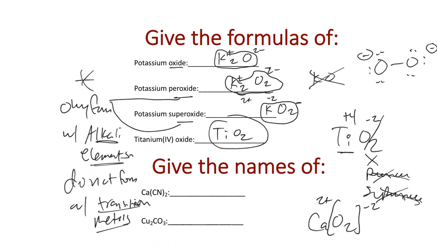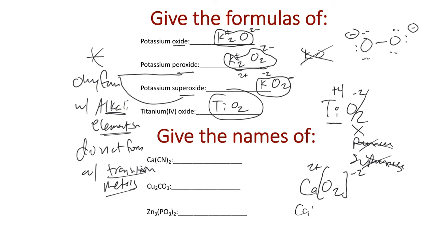So this would be calcium peroxide. That just helps us know that if you see MnO2, where Mn is a transition metal, it just has to be the oxide. So that would be manganese 4 oxide, like TiO2, titanium 4 oxide.